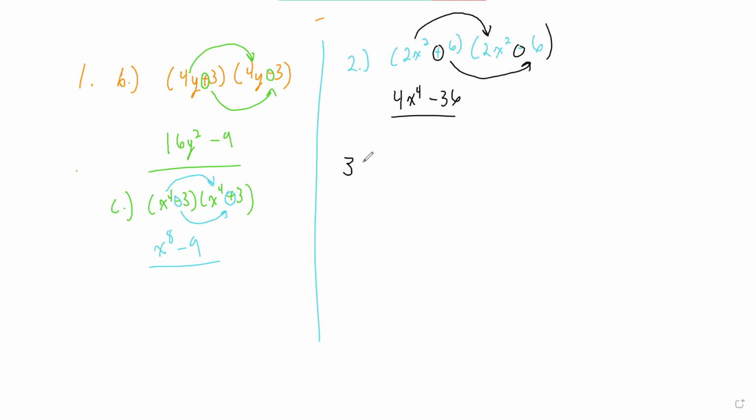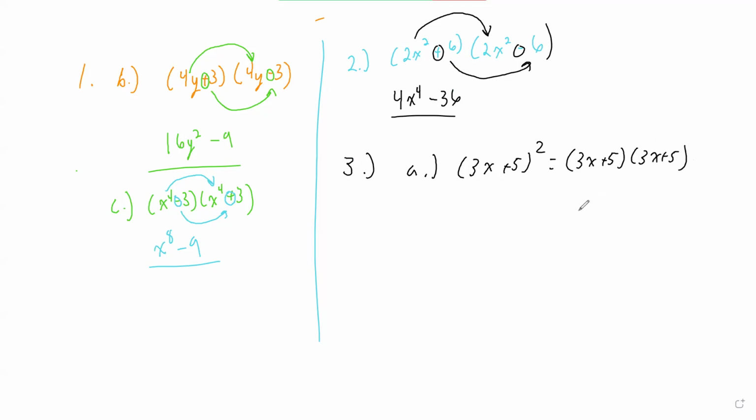All right, let's look at some more. So let's look at number 3. This one is 3x plus 5 squared. So when we get a binomial squared, what this means is 3x plus 5 times 3x plus 5.